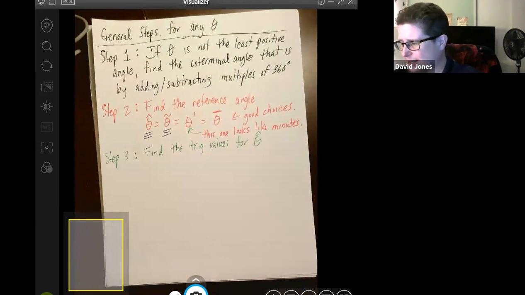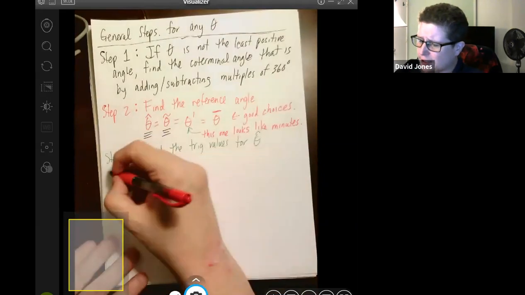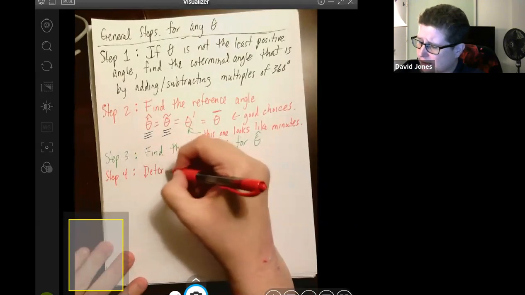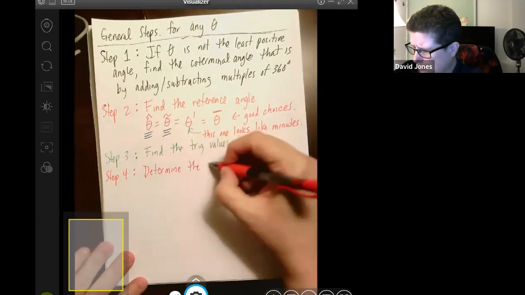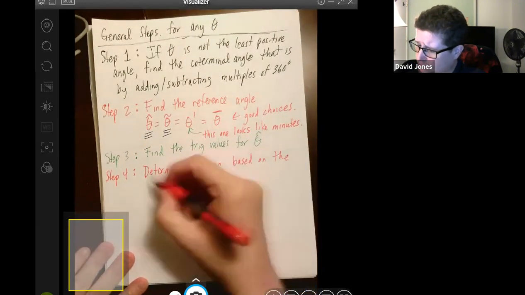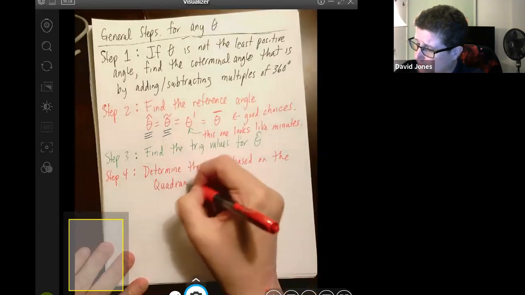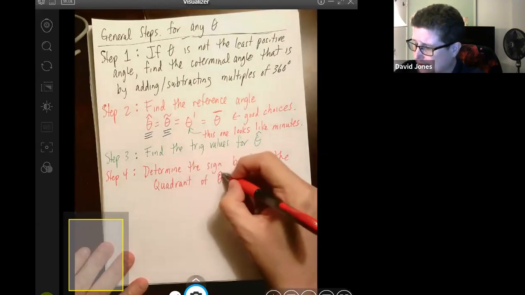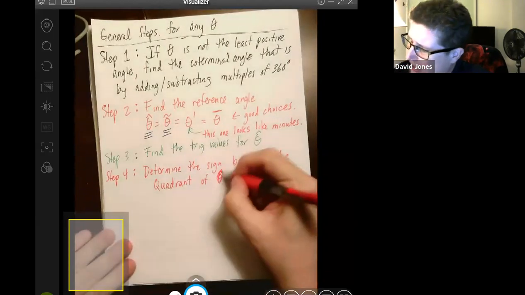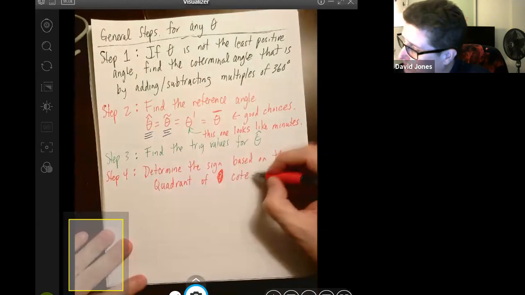So don't use that theta apostrophe. That one sucks. So we find the trig values for theta hat. And finally, step 4, determine the sign based on the quadrant. Where is it at? Or I'm not sorry, not theta hat, the coterminal angle, the one we got in step 1.